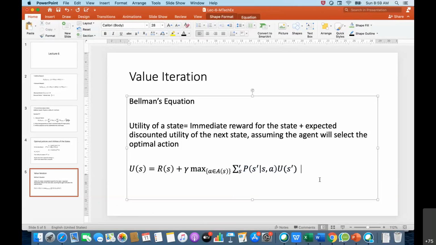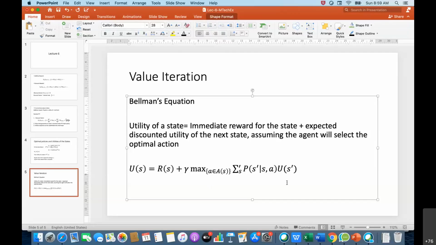S bar is the next state, you know it. And this is the transition model, you already have it. And you have a set of actions, denoted as A of S. You have to take that action that is maximizing this term, and you have to multiply it with that discount factor. This is how you are going to compute the utility of a state.